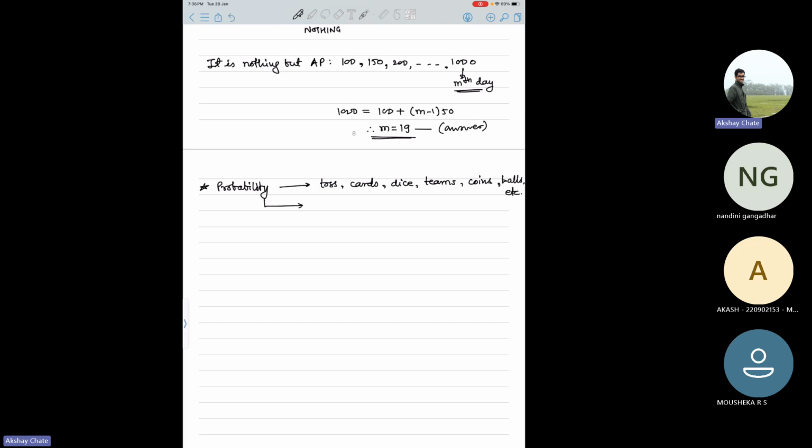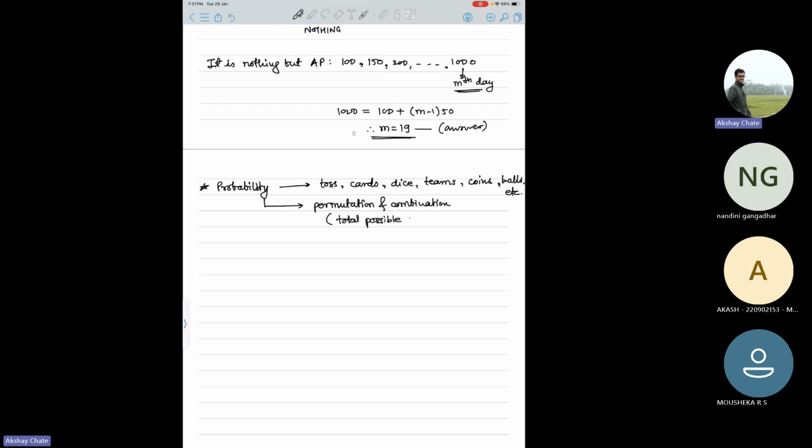Where you don't know the total number of cases. So basically, you use permutation and combination to get the total possible outcomes.